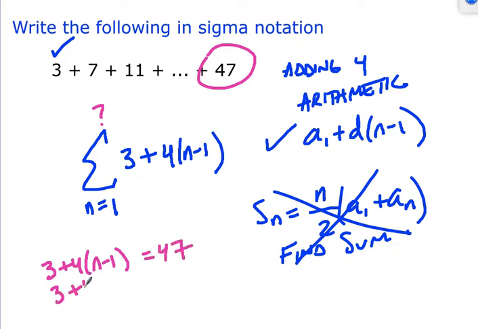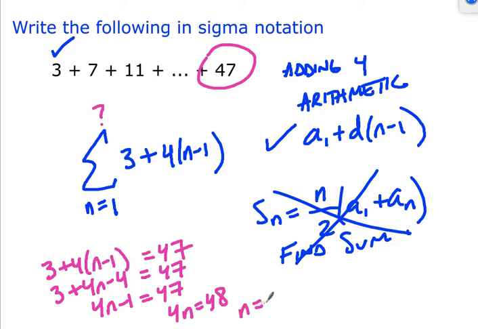So if I distribute the 4 through and I combine like terms and then add the 1 and divide by 4, I'm going to get a 12. So this top number up here, which was a question mark, now I know should be a 12.